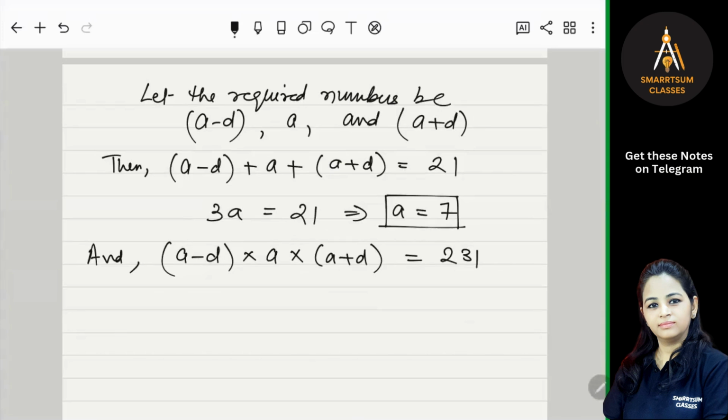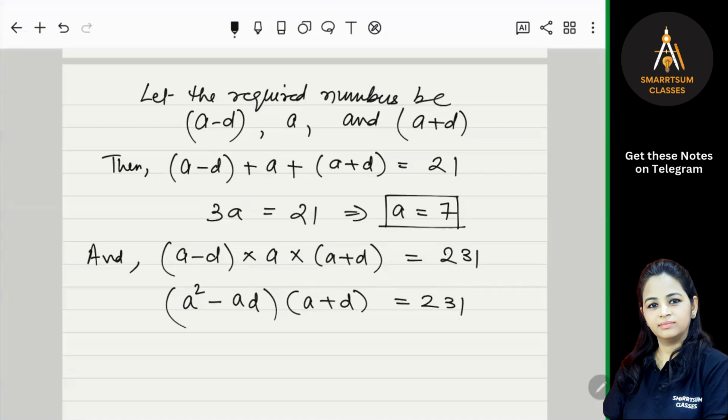So what will you write? We are making the product of a minus d and a, so this is a square minus ad, into a plus d, equals 231, right? You're getting that?